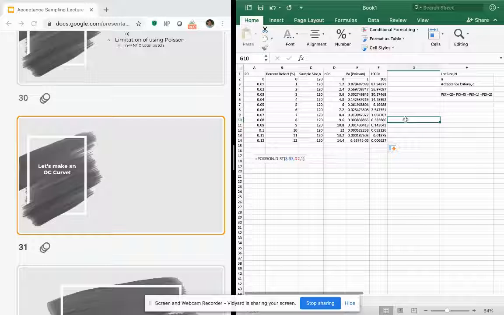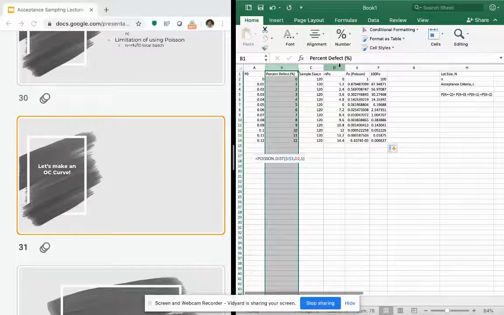Cool. So now if we plot the defect percentage and the acceptance percentage, that will give us the OC curve. So essentially these two columns.